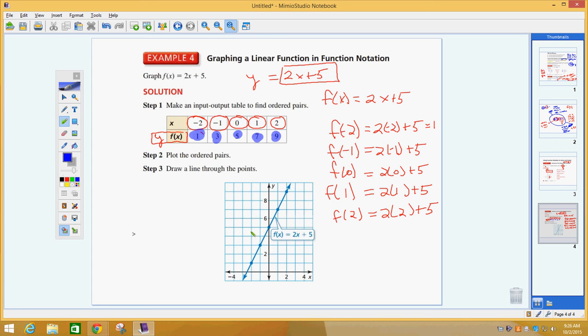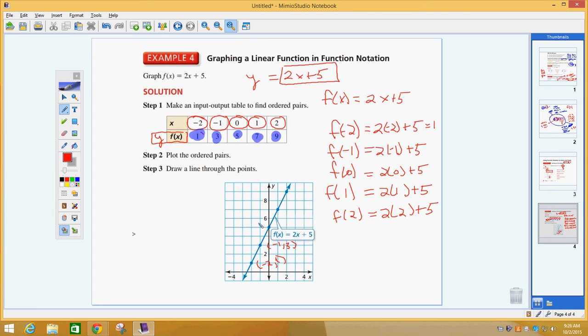And then we can graph these using ordered pairs. When we have a table, we actually have ordered pairs. We have x, y values. Our first ordered pair is right here. Negative 2, 1. It's right here. Next, we have negative 1, 3 right here.